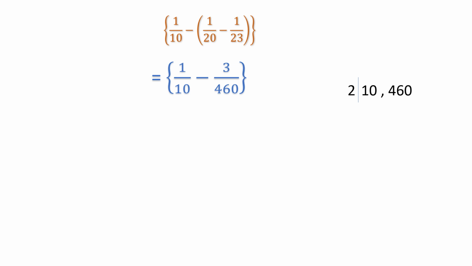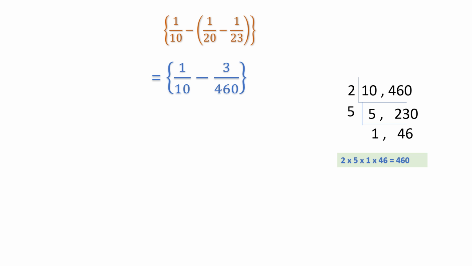Let's take 2. 2 times 5 gives us 10 and 2 times 230 gives us 460. Again, 5 and 230 both have common factor 5. If we divide 5 by 5, we get 1, and if we divide 230 by 5, we get 46. To find the LCM, we have to multiply all the numbers that are outside. So 2 multiplied by 5 multiplied by 1 multiplied by 46 gives us 460.